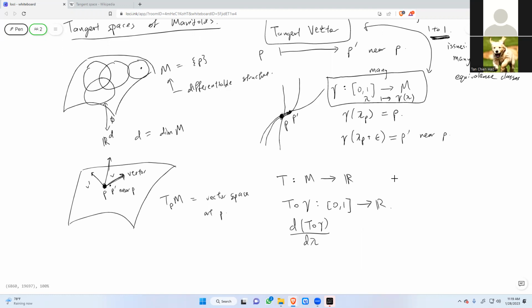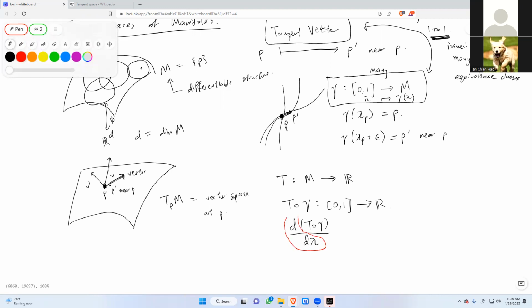Essentially, we can think of this d over d lambda as the definition of a tangent vector.